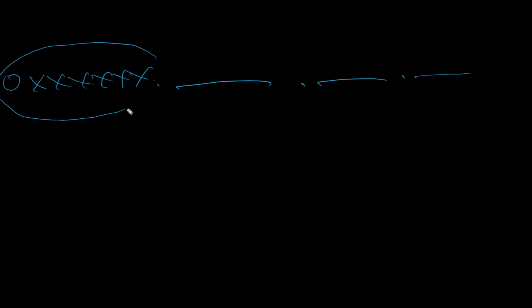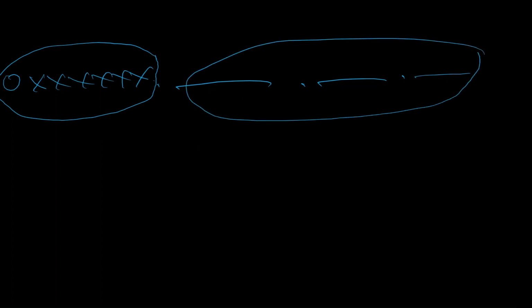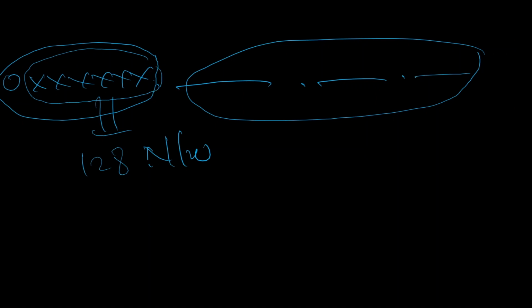Even class A is divided into networks. Class A is entirely divided into 128 networks. All the bits of the first octet correspond to the network ID, and the remaining 24 bits correspond to the host ID.